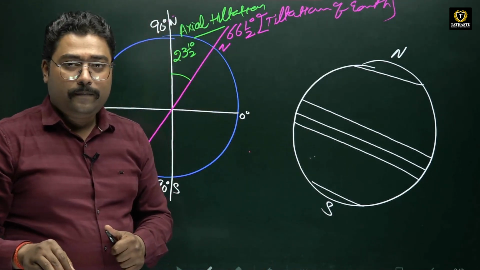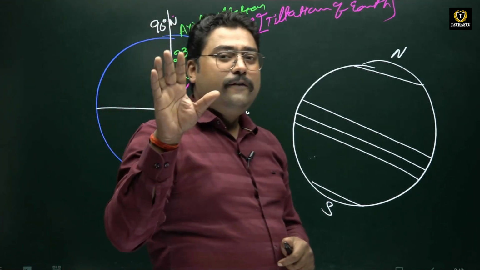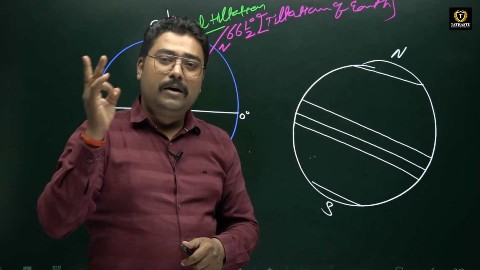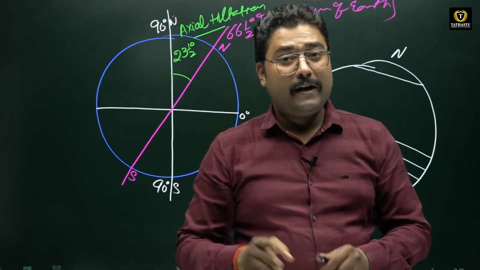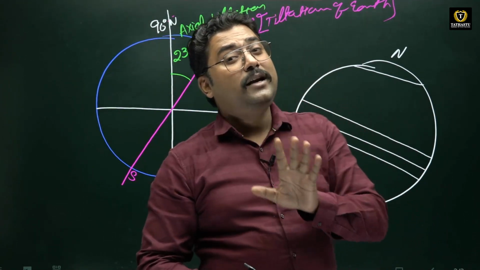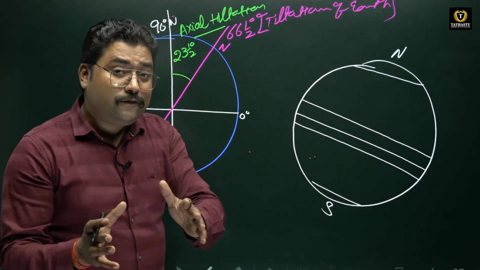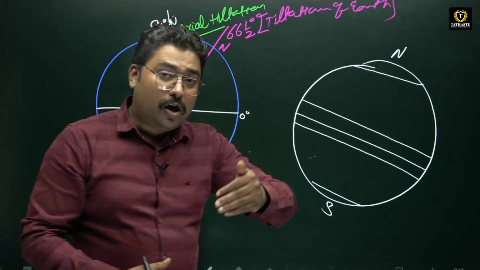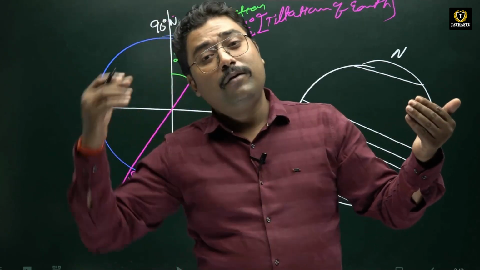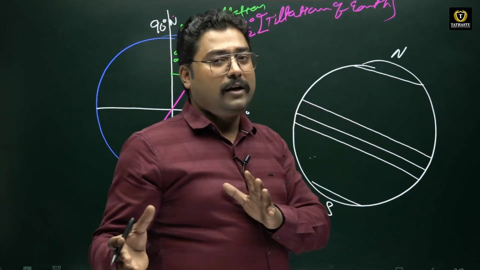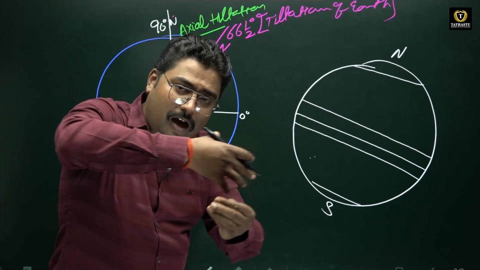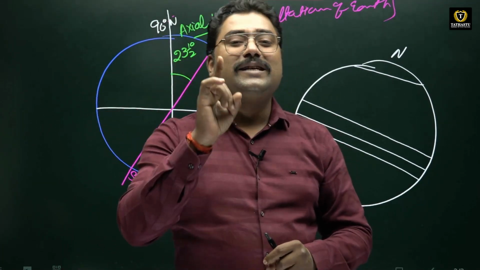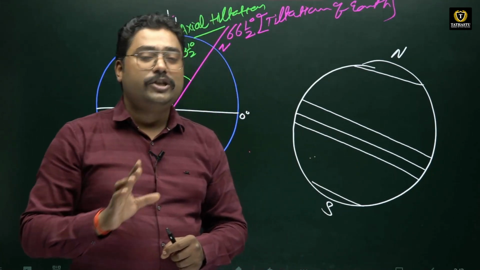That's why there are neither 5 nor 3 seasons on Earth, but only 4: summer, winter, autumn and spring. And the seasons will be alternate in nature, always mind it. If the north is having summer, then south will be having winter. North is having spring, so south will be having autumn. Always alternate. So when the Earth is revolving around the Sun on its tilted axis, then the season is changing.